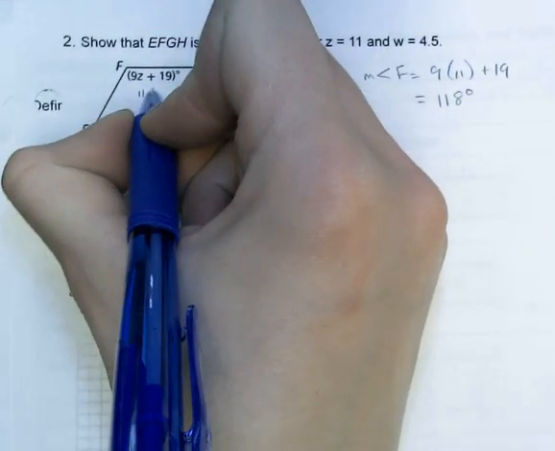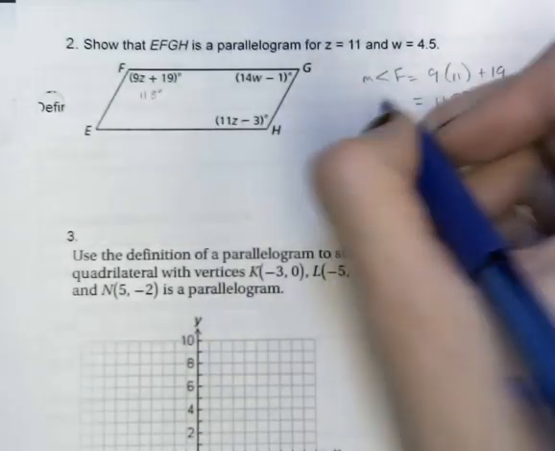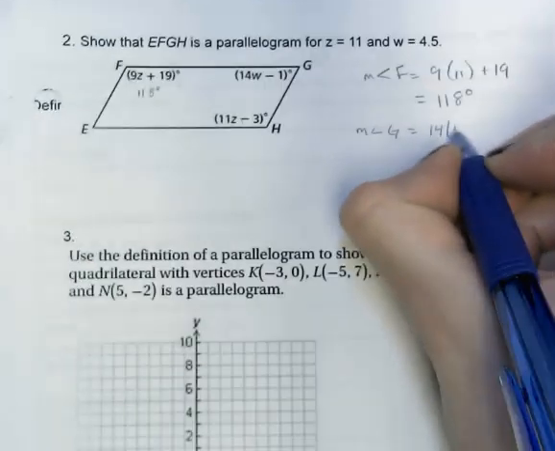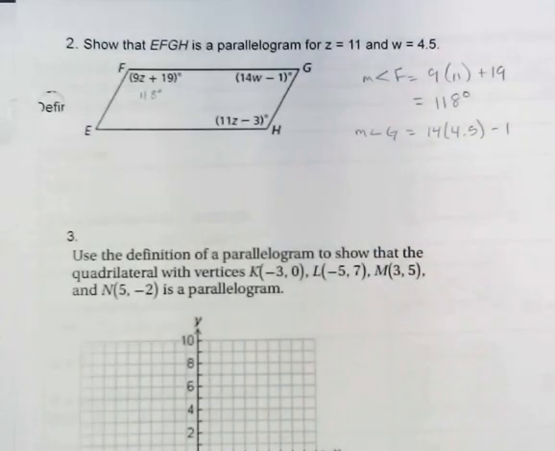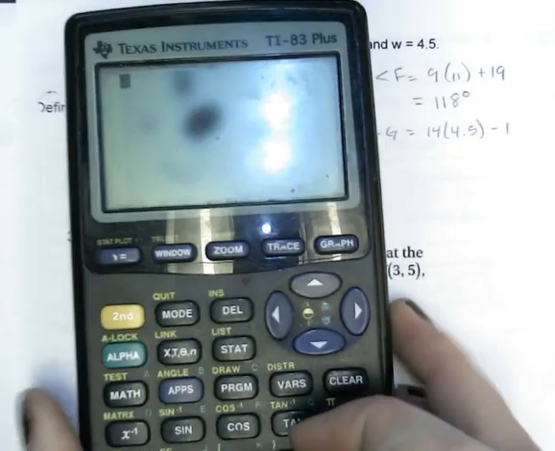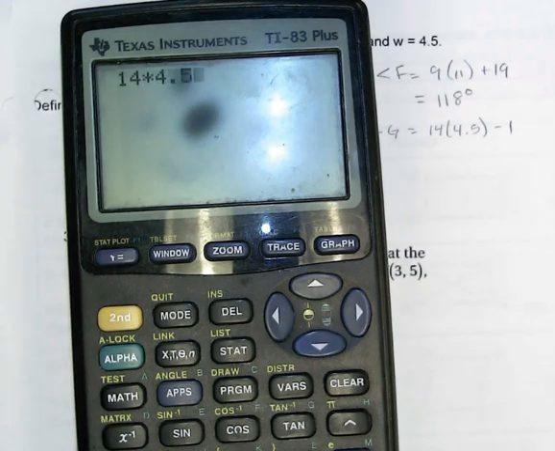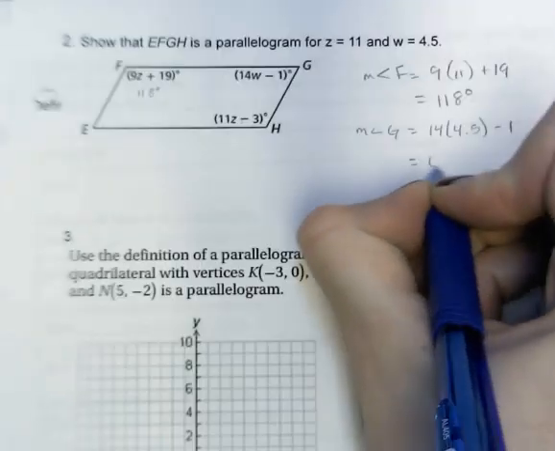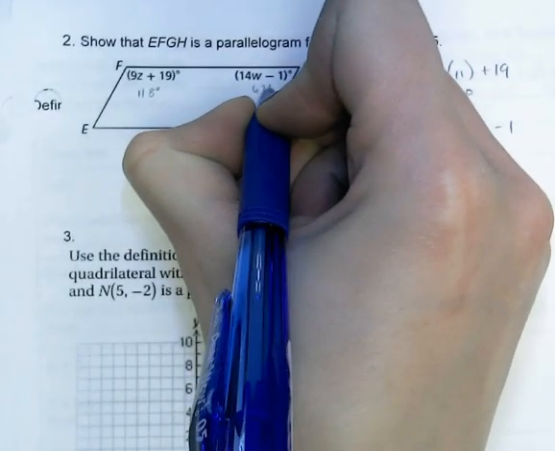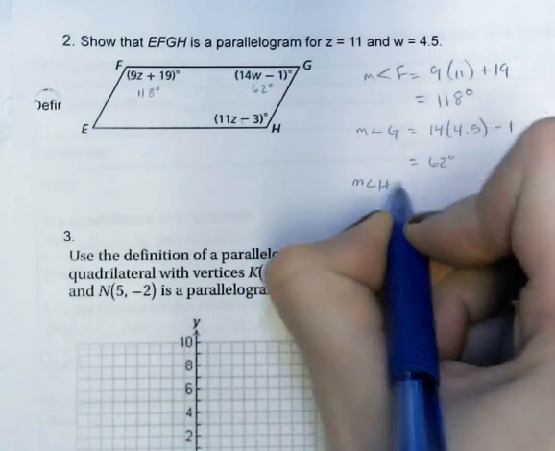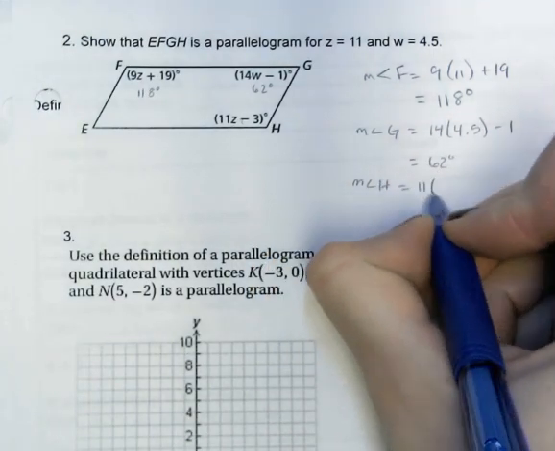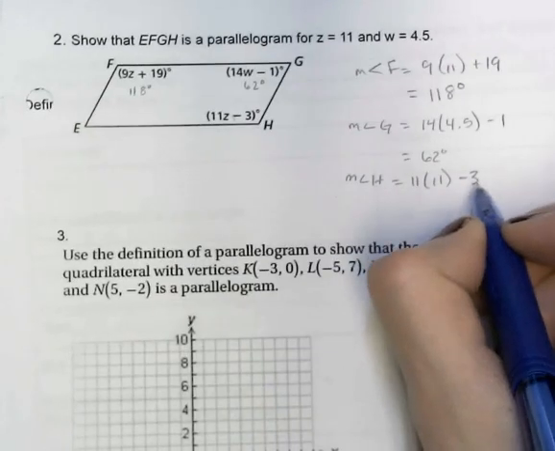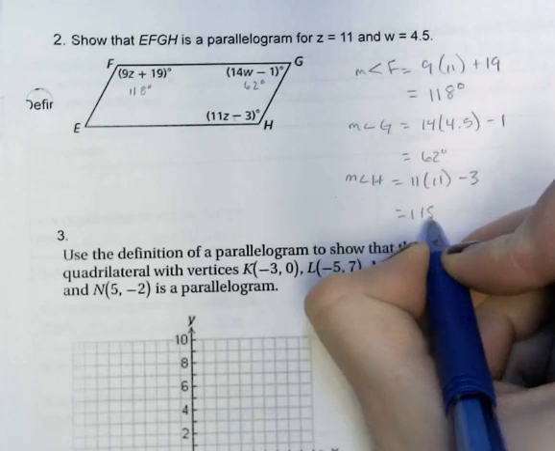So 118 is angle F. Angle G, I'm plugging in 4.5, so 14 times 4.5 minus 1. 14 times 4.5 is 63, and minus 1, it gives me 62. And last but not least, measure of angle H is 11z, so z again is 11, minus 3. 121 minus 3 is 118 degrees.